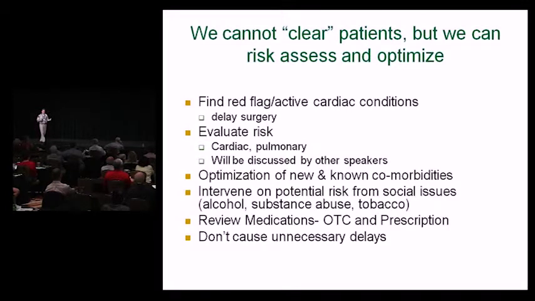We can evaluate risk, whether it's cardiac risk or pulmonary risk, and you're going to hear a lot about that by other speakers in the next few days. We can optimize new and known comorbidities. So our job should be find those comorbidities that can cause the patient problems during surgery and optimize them for the surgery. We can intervene on potential social issues if we're paying attention to them.